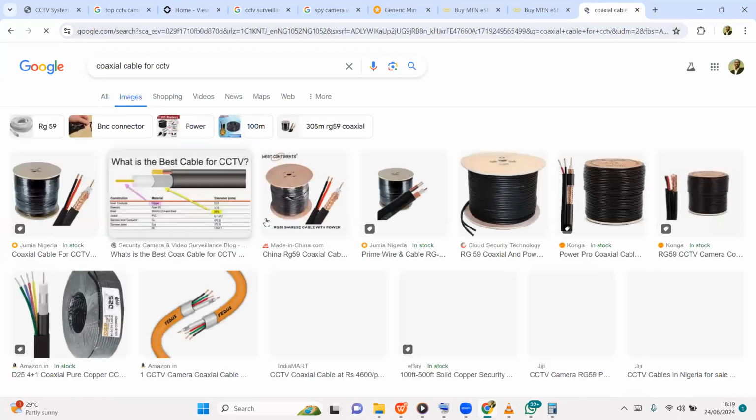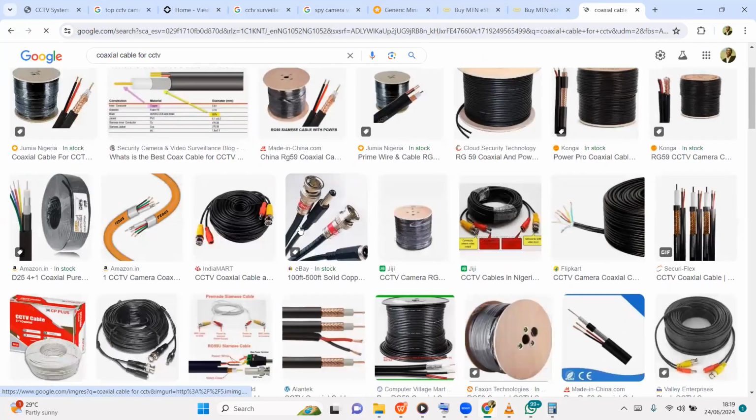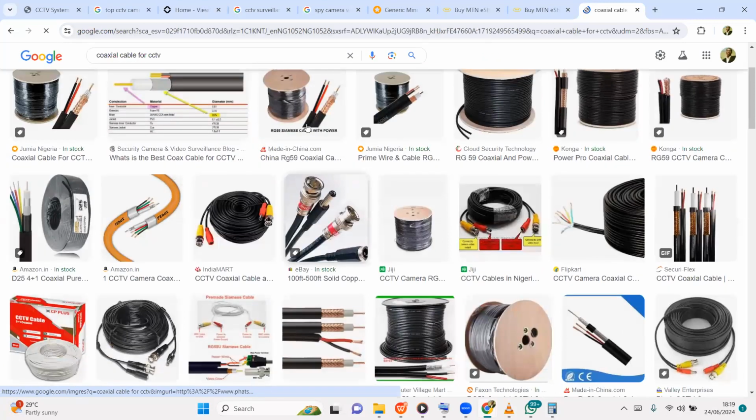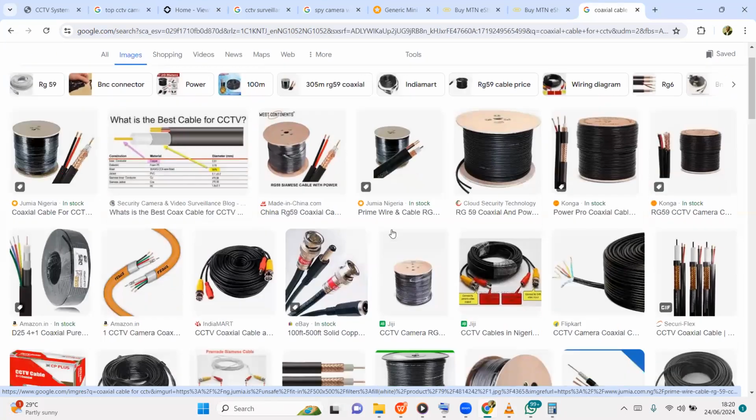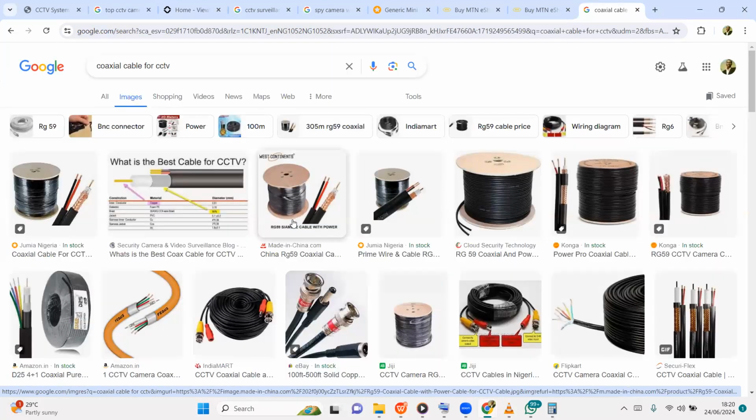But most people prefer to use a Cat6 cable to do their wiring. If you attend any of the trainings, either in Abuja, Lagos, Port Harcourt, or Owerri office, you will see a camera, or you could go to the market and tell them you want a coaxial cable for camera systems.